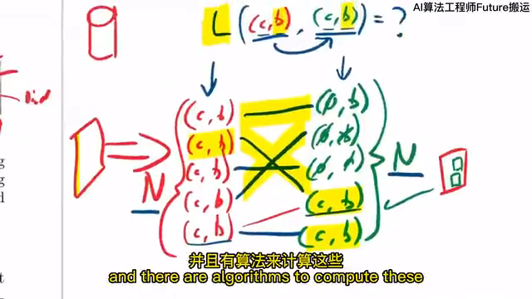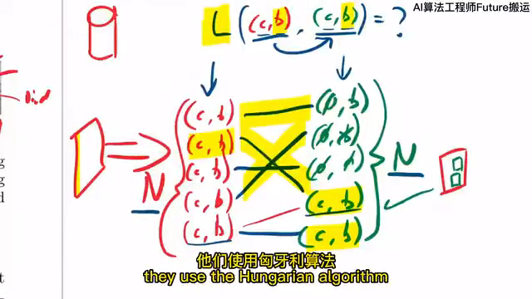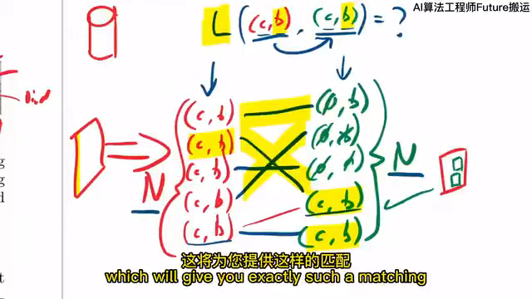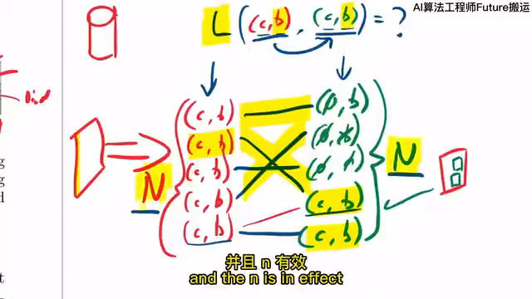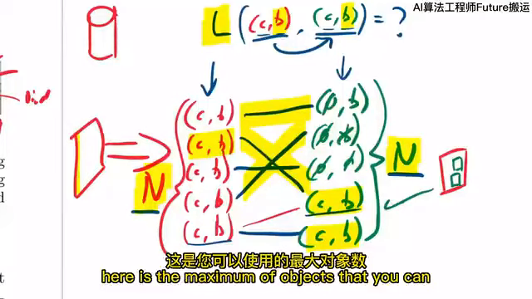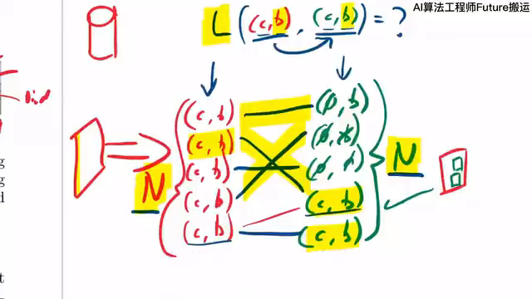And it's very clever. And there are algorithms to compute these minimum matchings. They use the Hungarian algorithm, which will give you exactly such a matching. Again, this is possible because you have n things on each side. And the n here is, in effect, the maximum number of objects that you can detect at once. I guess if there are fewer, you can simply pad right here.